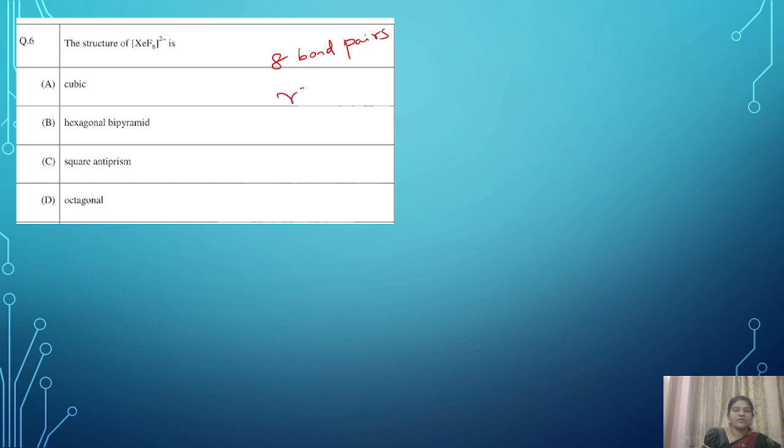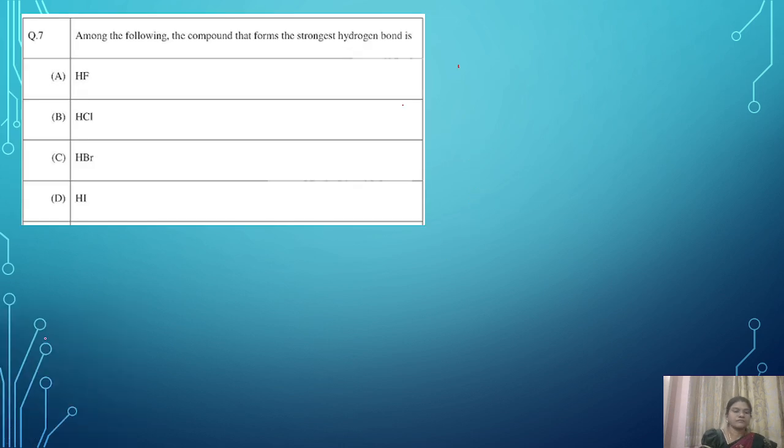And therefore, according to VSEPR theory, the shape of xenon octafluoride is square antiprism. Structure of xenon octafluoride.